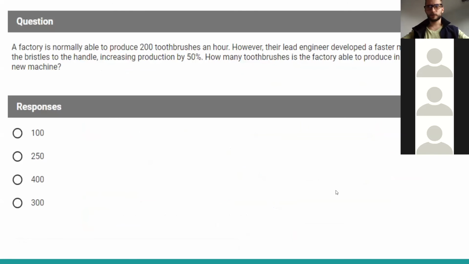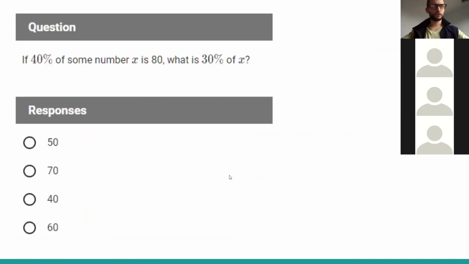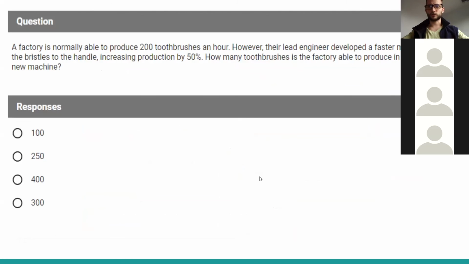Okay, so let's do this question. This one shouldn't be too difficult. Let me have you guys answer this one. Read this on your own, put in your answer, and let's see what you get.